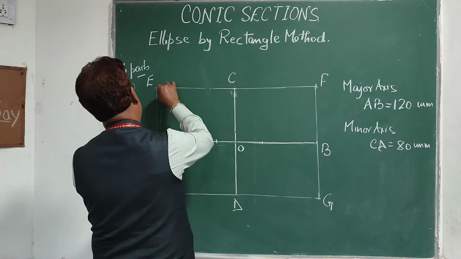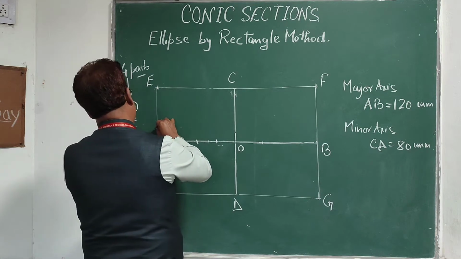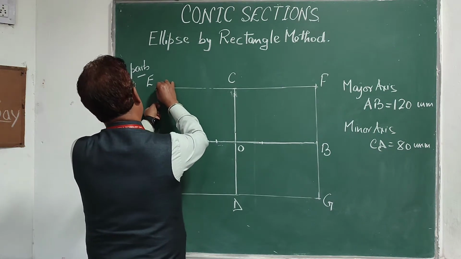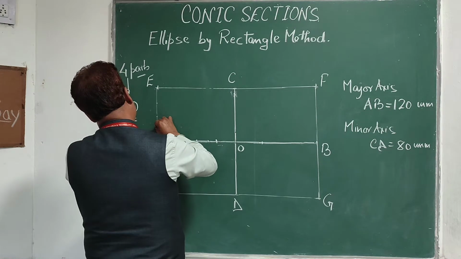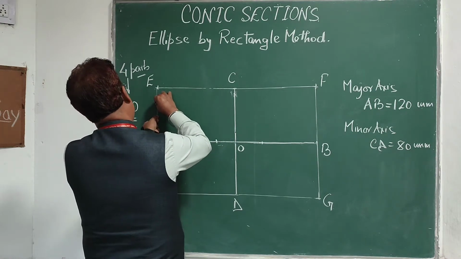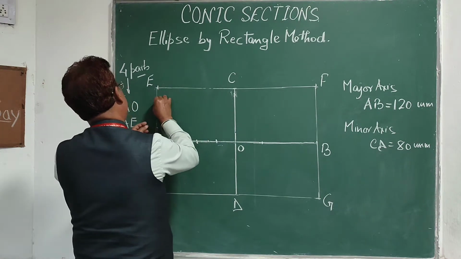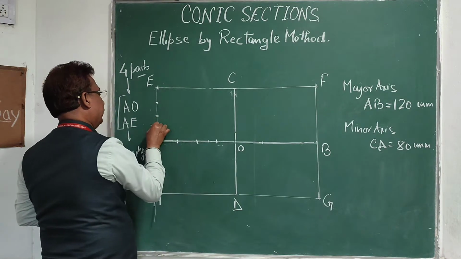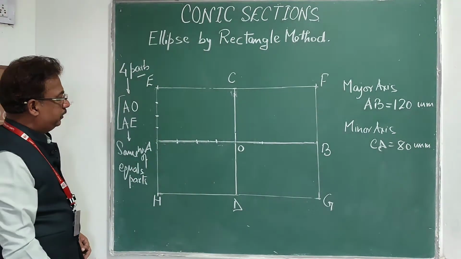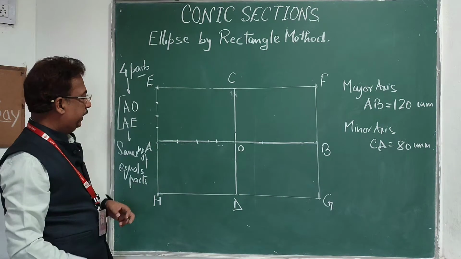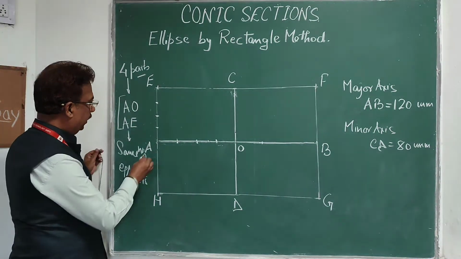If I want to divide that into 4 parts, then one part will be 10 mm. So I will divide this into 4 equal parts. Again I am using this approximation method. So I have divided this AO and AE into the same number of equal parts.